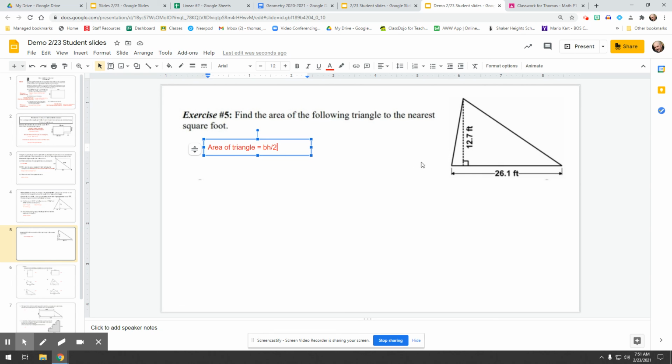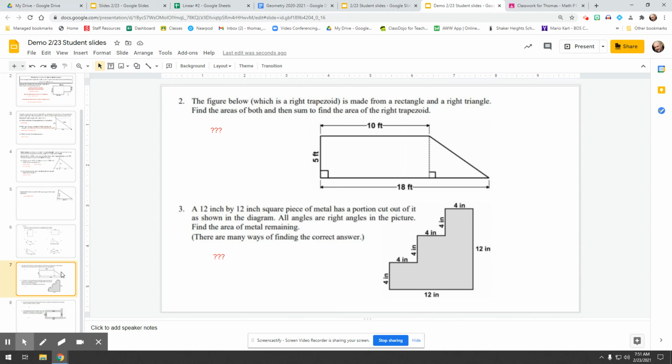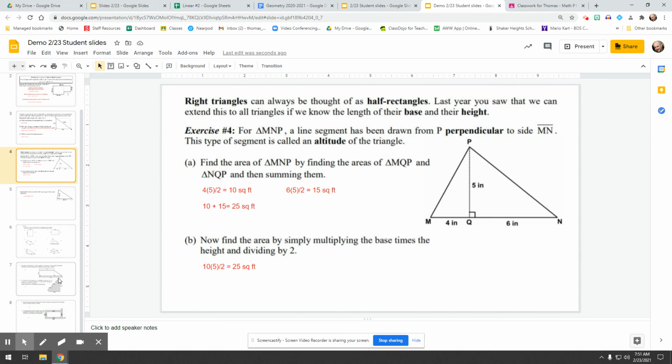So use that formula, find the area of this shape, and then continue on to the next few slides and work on your own. On the last 2 slides, they're going to be irregular shapes, which means you're going to have to cut them up into smaller pieces before you can find those areas. So go ahead and take the remainder of your time and see if you can finish up those slides on your own.